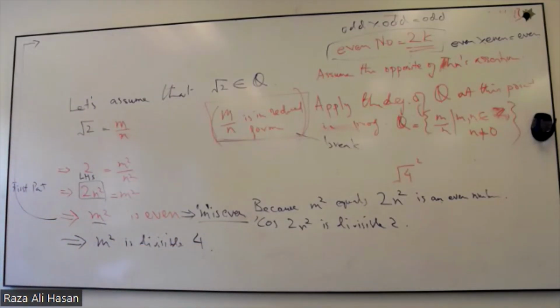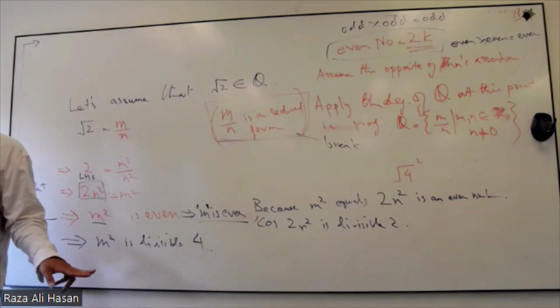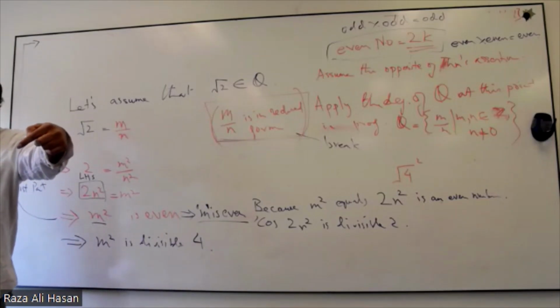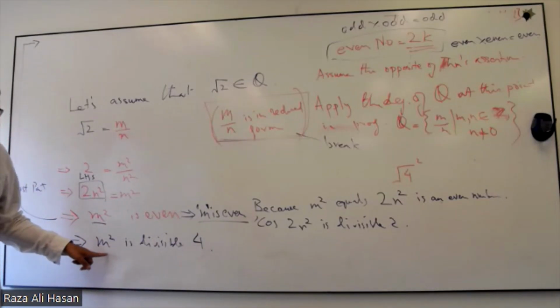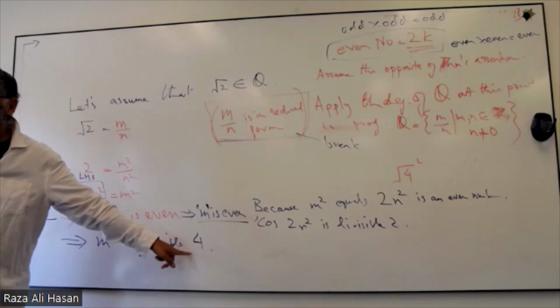Is that true? If m squared is a product of 2 even numbers, each of those 2 even numbers is divisible by 2 and 2. So together you can divide it by 4.